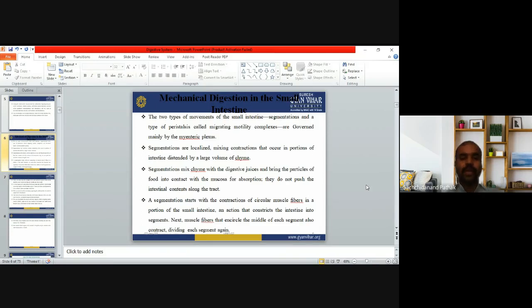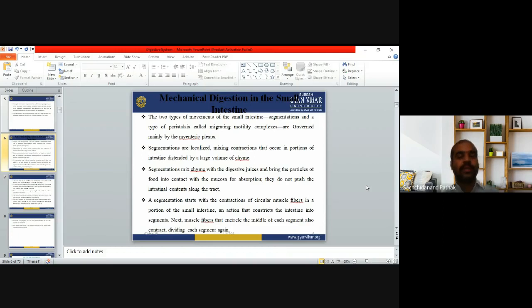Segmentation mixes the chyme with the digestive juices and brings the particles of food into contact with the mucosa for absorption. They do not push the intestinal contents along the tract.